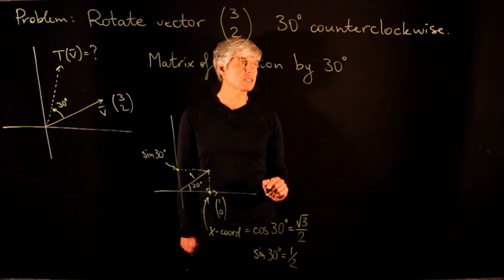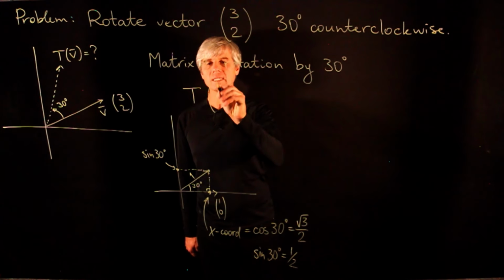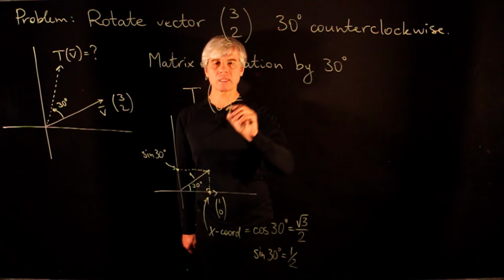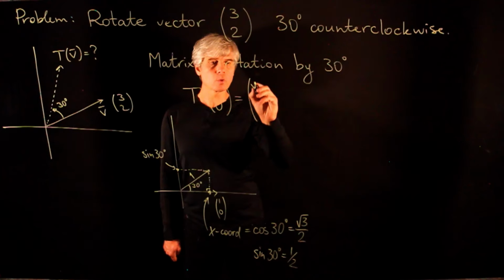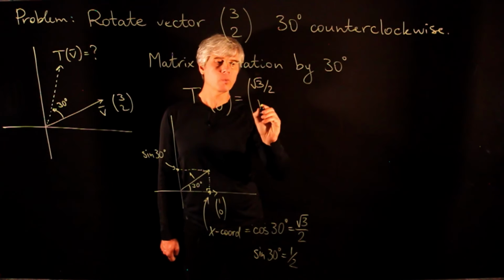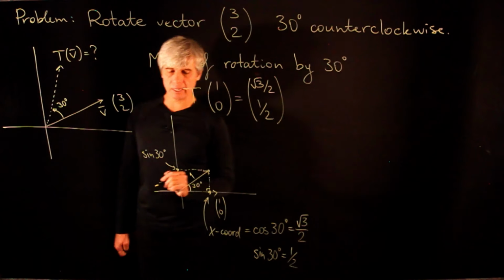So this tells us that T(1, 0) is equal to a vector with coordinates root of 3 over 2 and 1/2. So this is the image of the first basis vector.